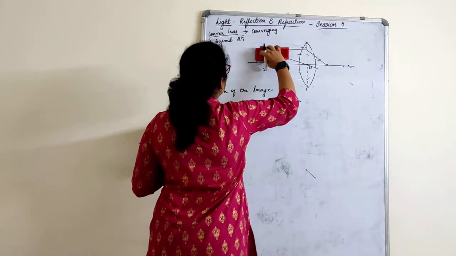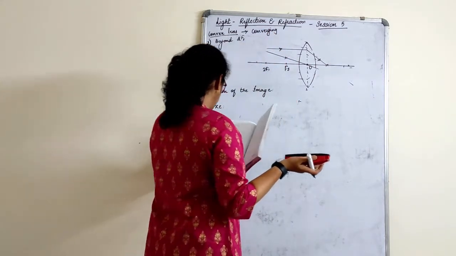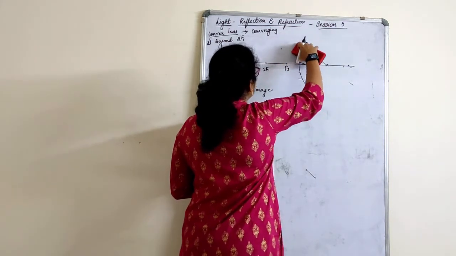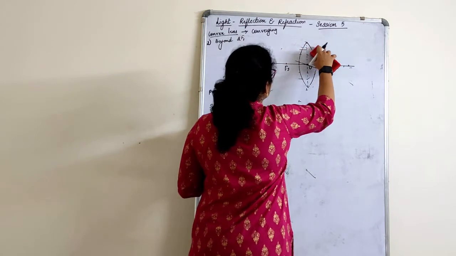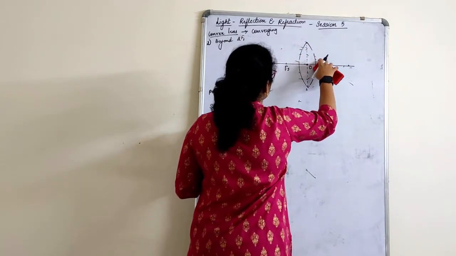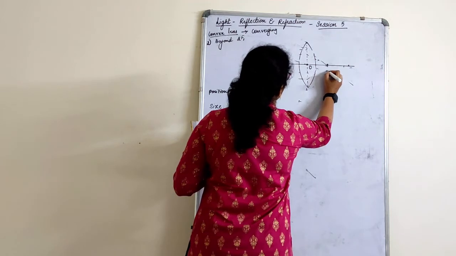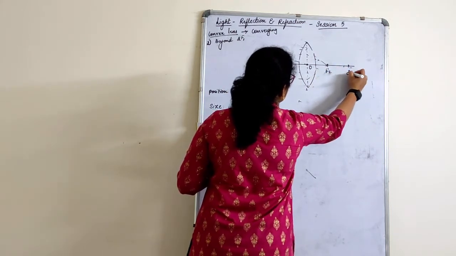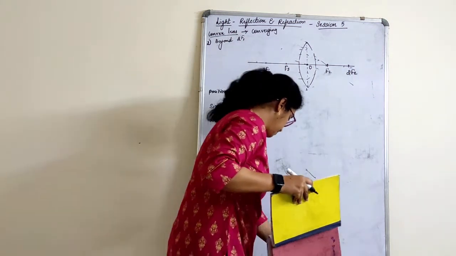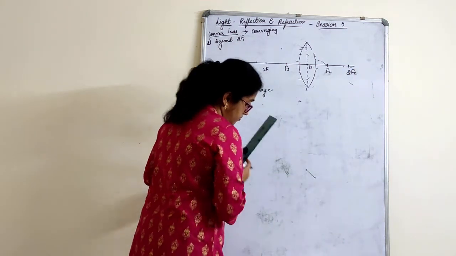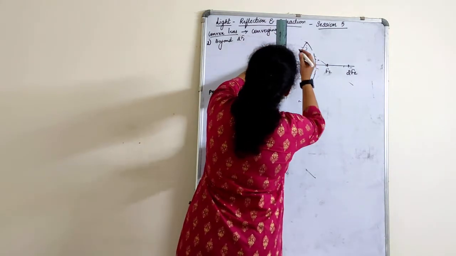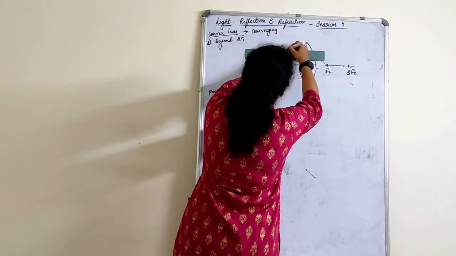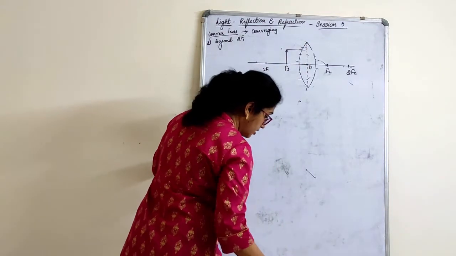So when the object is kept between F1 and the optic center, let's see where we get that. So this is F2 and this is 2F2. So the object is kept here. First ray goes straight. Let me do the changes here also, children.